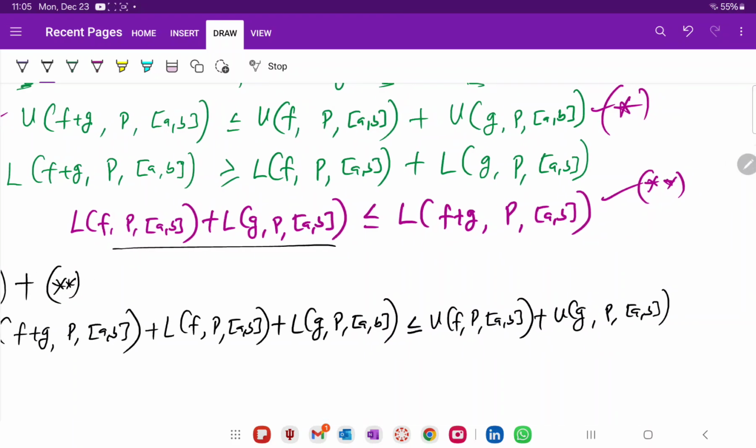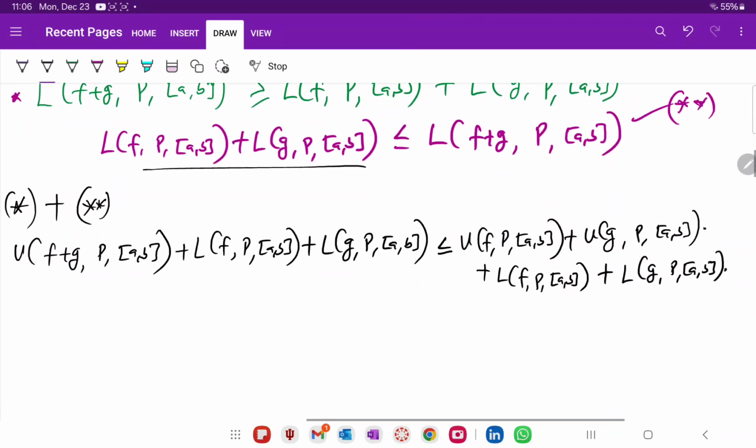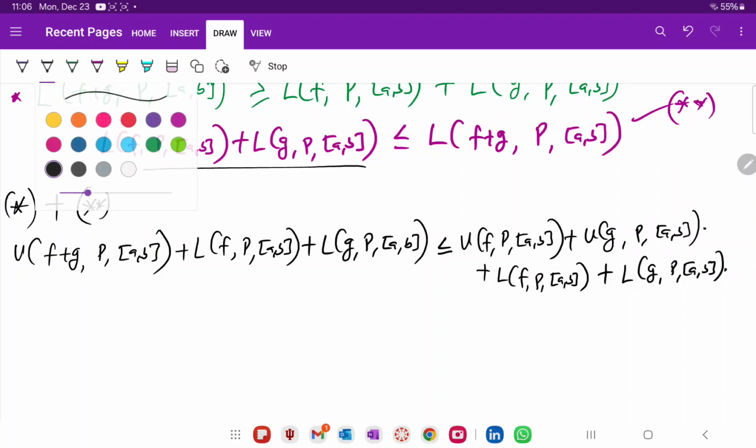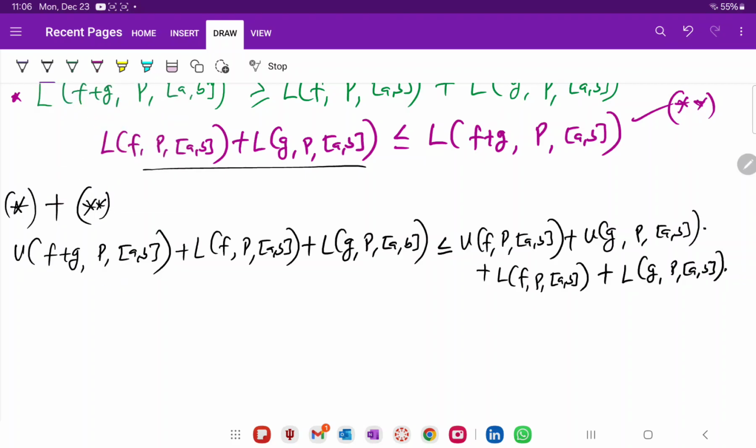Still have meant 2 times to write. So permit me to write it here. So this is plus the lower Riemann sum of this guy, and then lastly we have everything written now. So then let's simplify carefully.